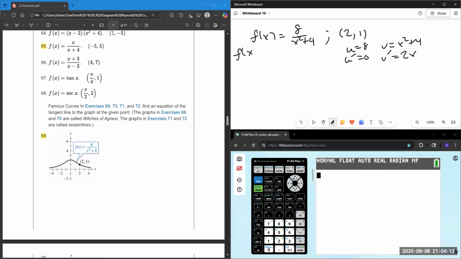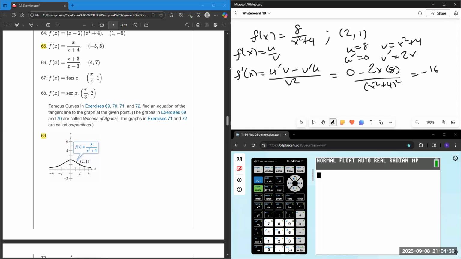F of x is u over v. F prime of x is u prime v minus v prime u all over v squared, is 0 minus 2x times 8 over x squared plus 4 quantity squared, is negative 16x over x squared plus 4 quantity squared.